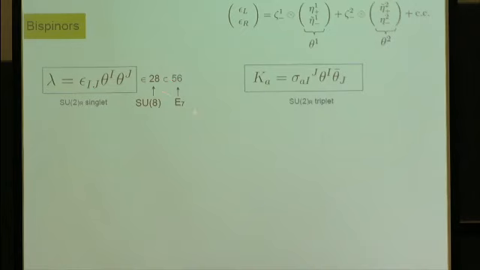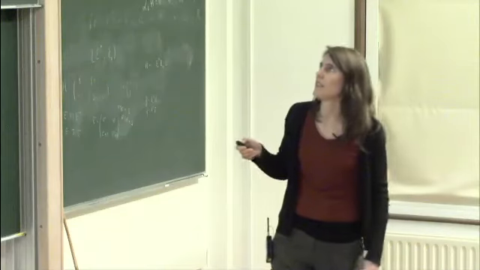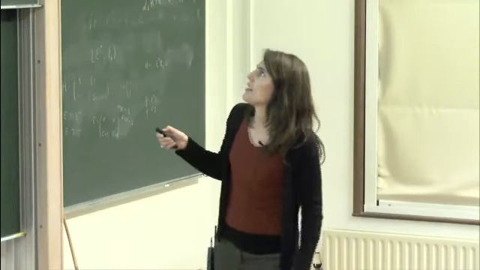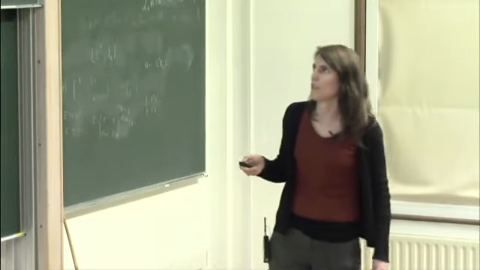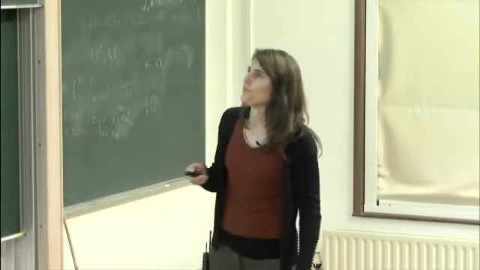So this bispinor is actually in the 56 of E7. While this one here has an index alpha up, let's say, and an index beta down, and it's traceless, so this transforms in the 63 of SU(8), and this is in the 133 of E7. So these are in different representations of E7, this lambda and this k.